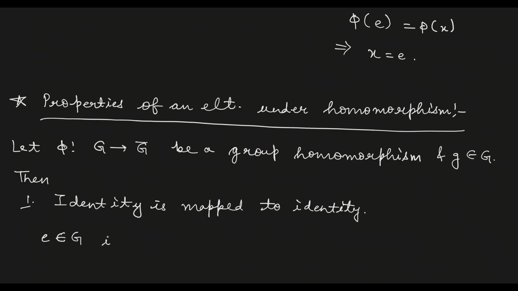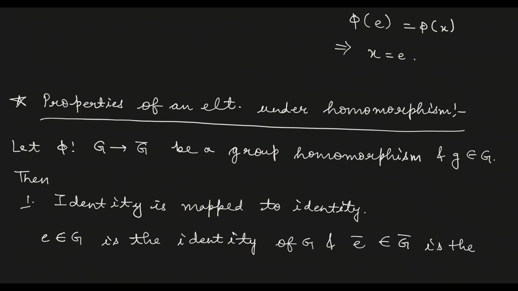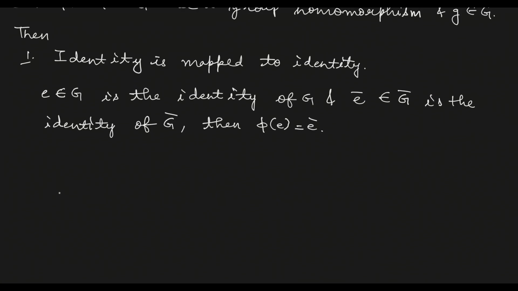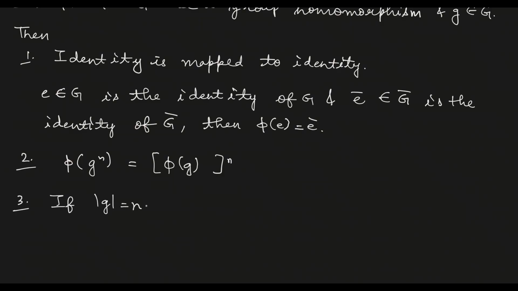E belongs to G is the identity of G and E bar belongs to G bar is the identity of G bar, then phi E is equal to E bar. Second, phi(g to the power n) is phi g whole to the power n. Third, if order of g is n, then order of phi g will divide order of g.